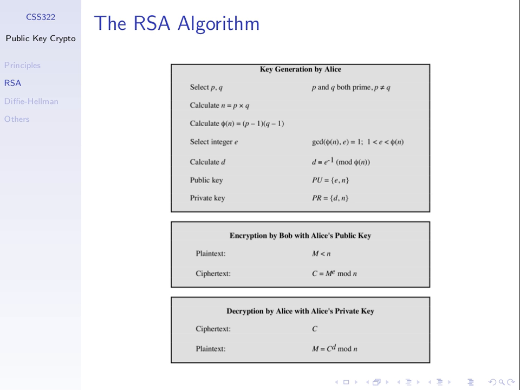So if we've got A and B and the attacker, A has taken their message and sent the ciphertext, which equals M to the power of E mod N, where E is the public key of B, and B can decrypt that.